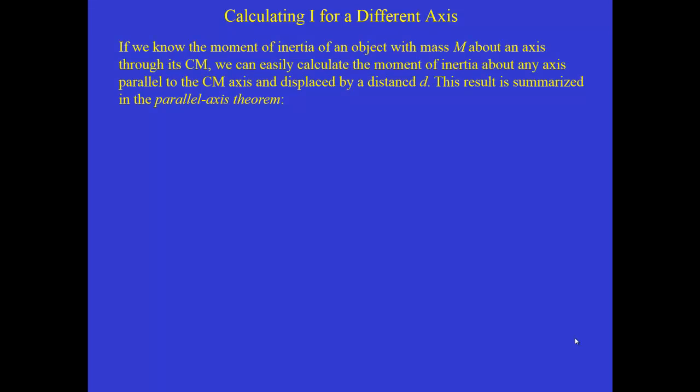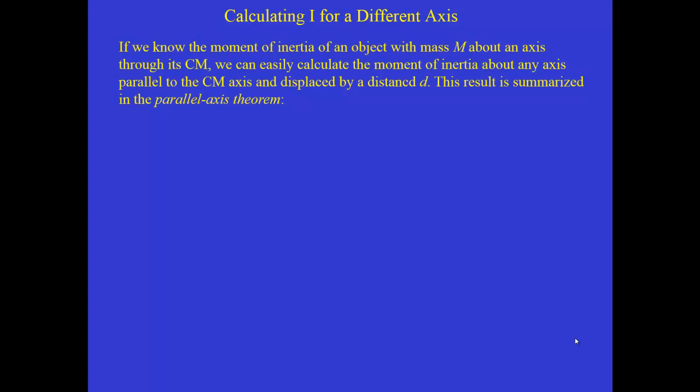So here's the situation. If we know the moment of inertia of an object with mass m about an axis that goes through its center, and that's what we've been using in the past couple of slides, we can easily calculate the moment of inertia about any axis parallel to that center of mass axis. All we have to know is how far the parallel axis is away from the center of mass axis.